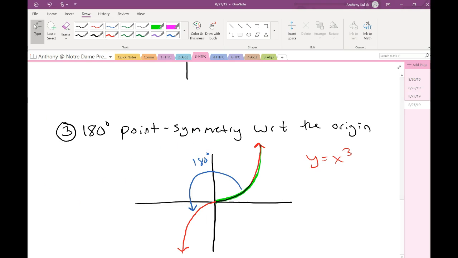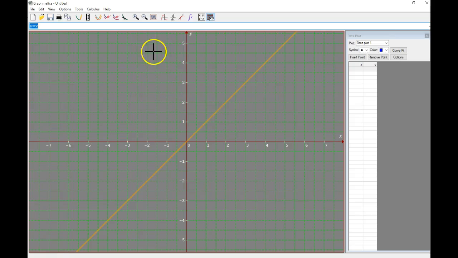So just to illustrate what I mean, let's say I have y equals x squared from 0 to 10. So that's going to look like this, right? And what if I do y equals 0.99 times x squared from negative 10 to 0?